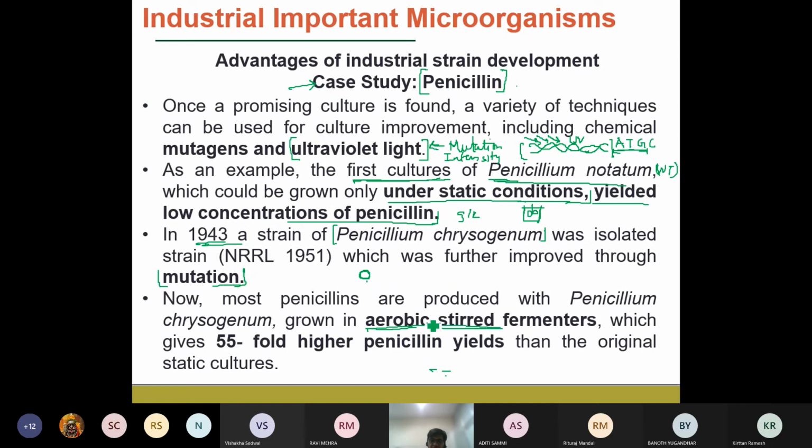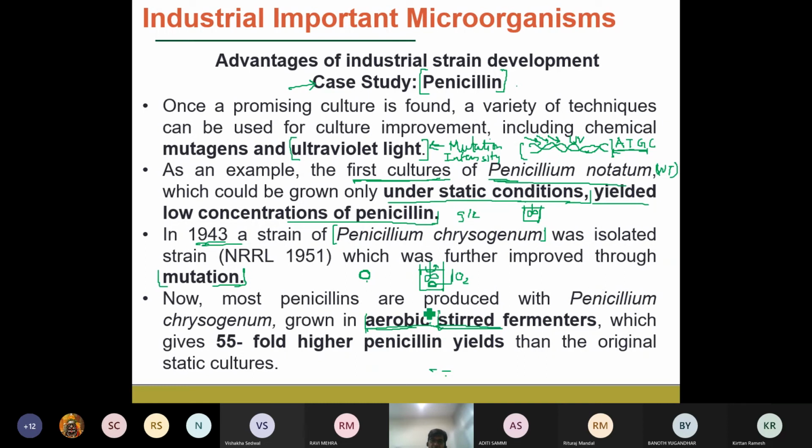So you can see that by making this genetic modification, this microorganism was able to grow in a bioreactor in which we have an aerobic environment. The aerobic environment is introduced by purging oxygen gas at the bottom of the reactors, and then we have the stirring, which is imparted by the impellers.